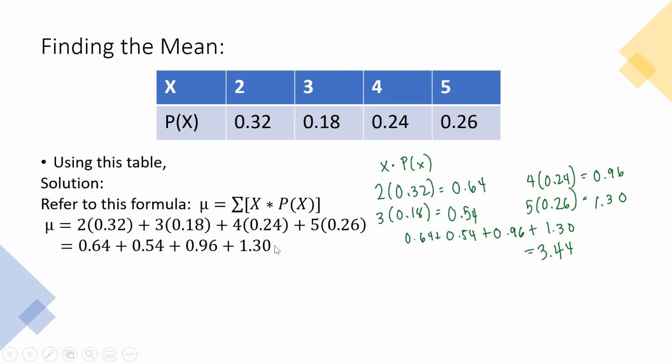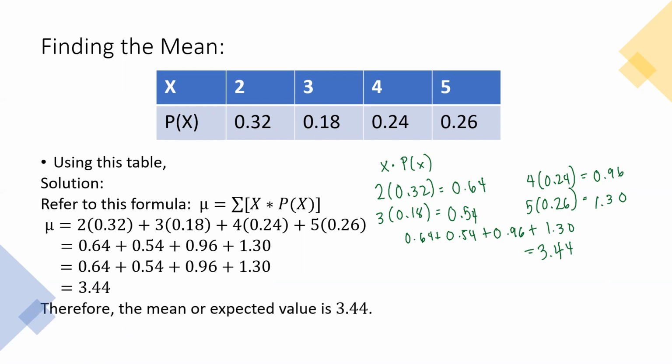If we add them all, it will be 3.44. I'm sorry, it just got duplicated, but I made sure that this is right. So the mean is 3.44. We can tell that the expected value for this problem is 3.44.